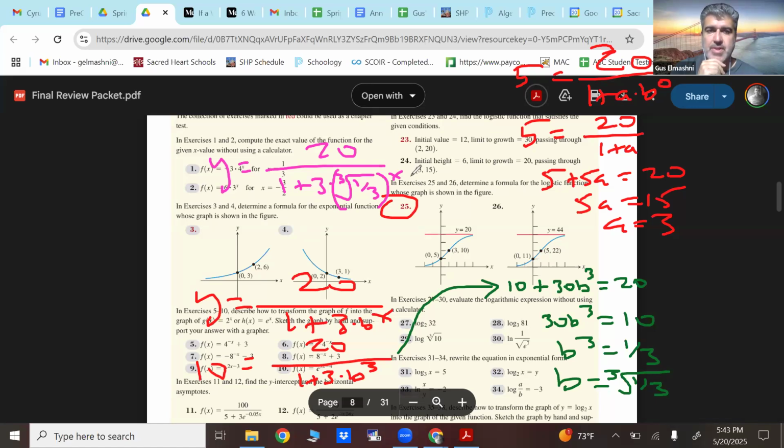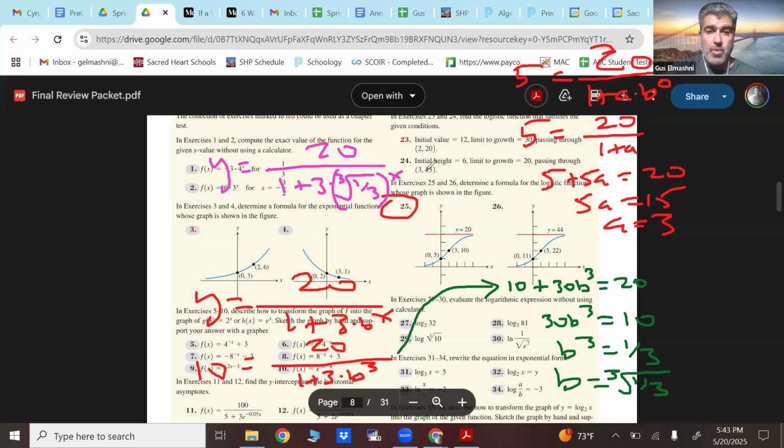The a value is 3 and the c value is 20. Okay. So go and try 26 now.